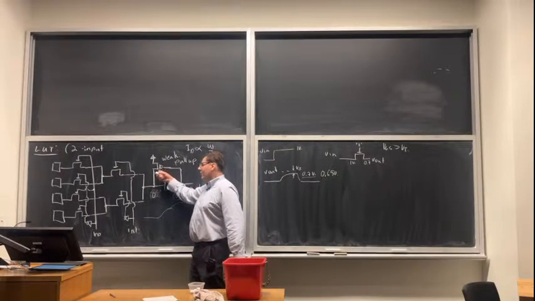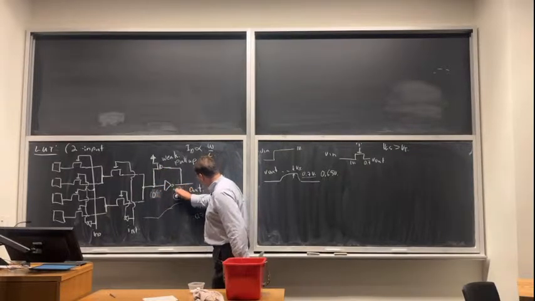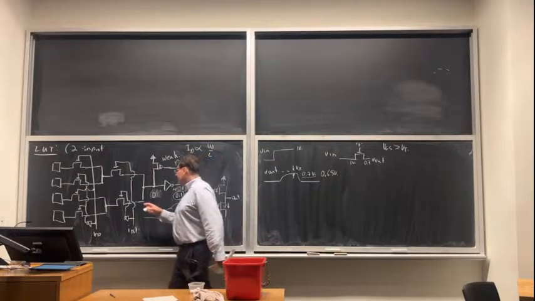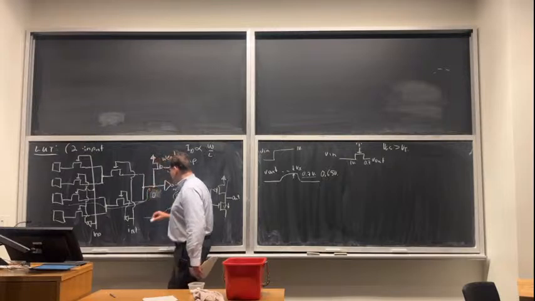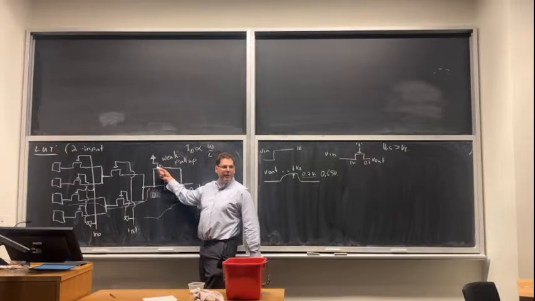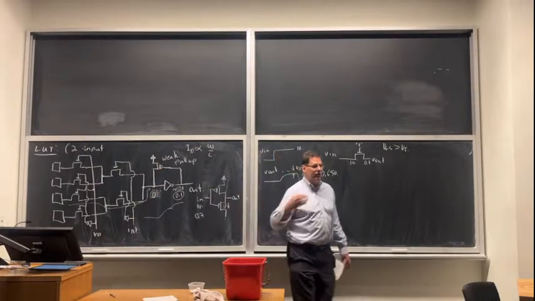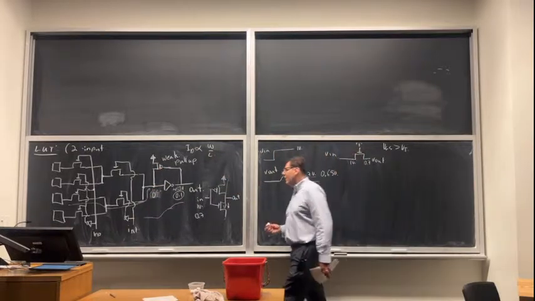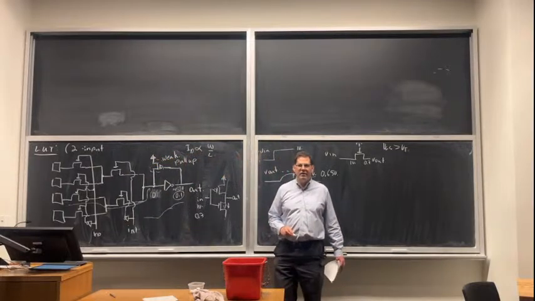So it'll stop fighting as soon as this 0 turns this output into a 1. But you need to make sure that this path through 2 pass transistors has lower resistance than this path through 1 pull-up. Otherwise, this will never switch. You made a latch. It'll just stay there. That's also not good. So this has to be made weak. Does that make sense?